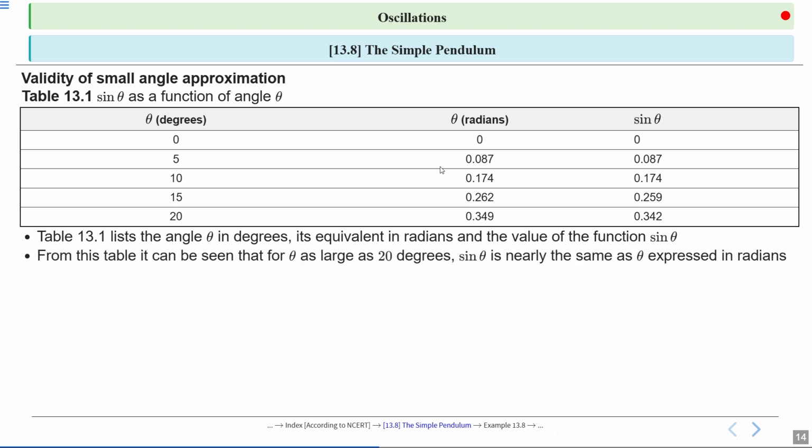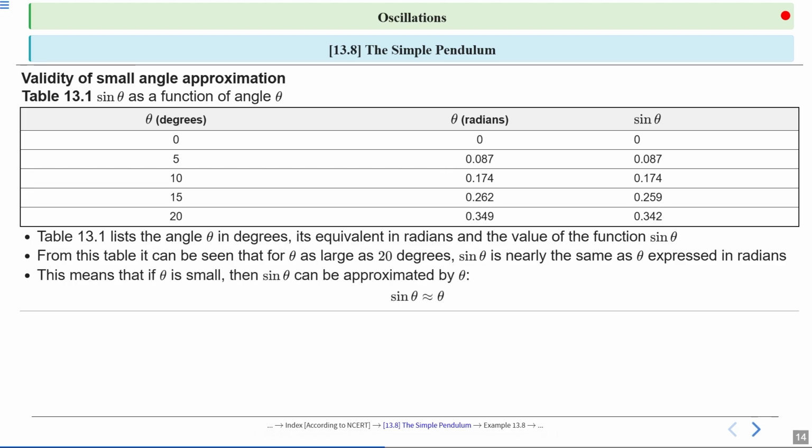From this table, notice that even when theta is as large as 20 degrees, the value of sin theta is still very close to the value of theta in radians. This shows us that for small angles, sin theta and theta in radians are nearly the same. So the key takeaway is that when theta is small, we can approximate sin theta by just using theta itself.